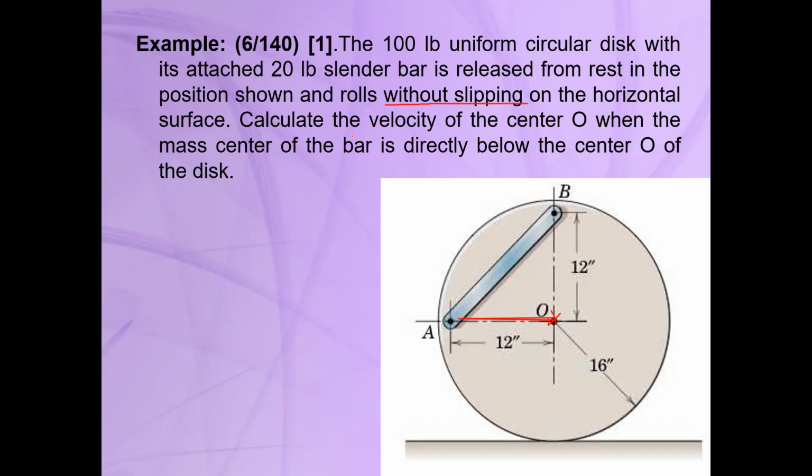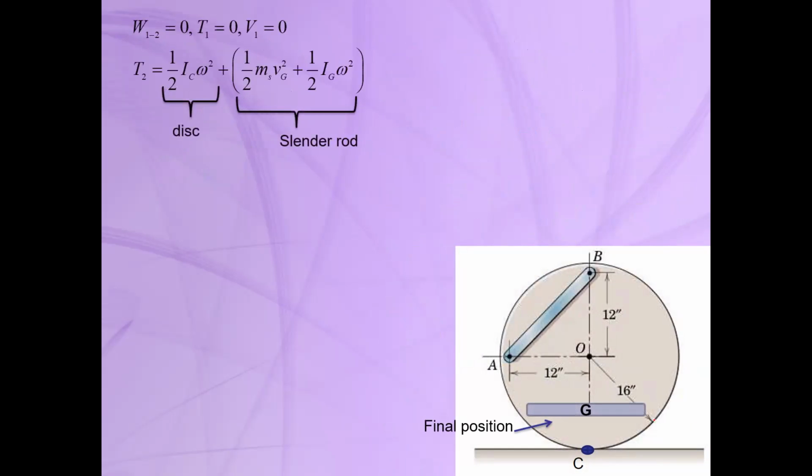Again, in this example, we use the energy and work equation to solve the problem. Here you can see this is the final position for the cylinder according to the problem description. We want to obtain the velocities at this position.